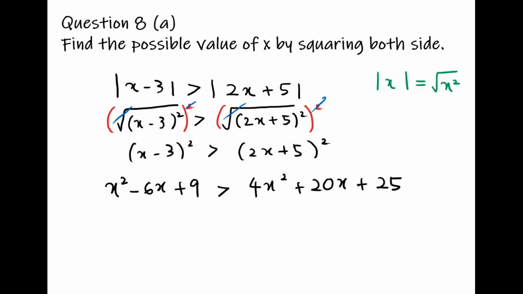Again, if you have this kind of inequality, you need to make the right-hand side become 0, and by simplifying it, you will have negative 3x squared minus 26x minus 16 is greater than 0.